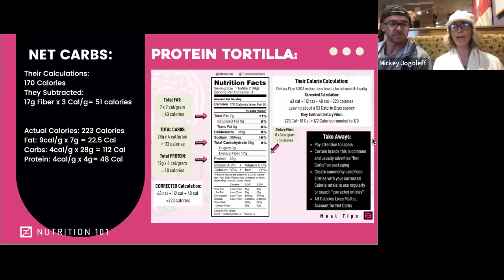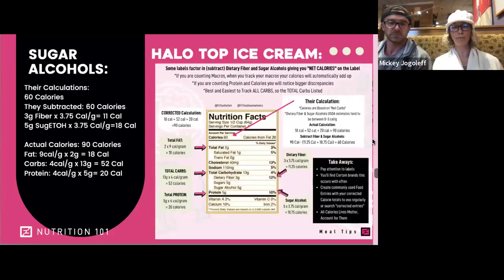So if you have a lot of foods that you're consuming with these net carbs, the calories inside of your nutrition tracker, if it's reading the 170 calories, will read lower than what you are actually consuming. With sugar alcohol, same thing. This happens with Halo Top ice creams. Their calculation is 60 calories.